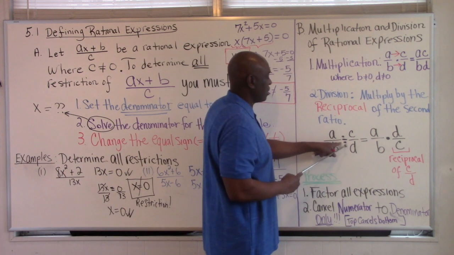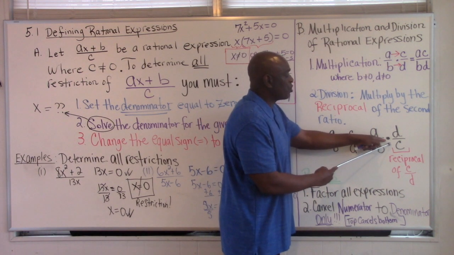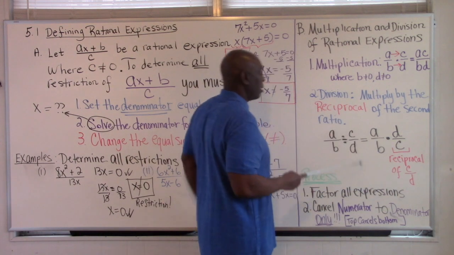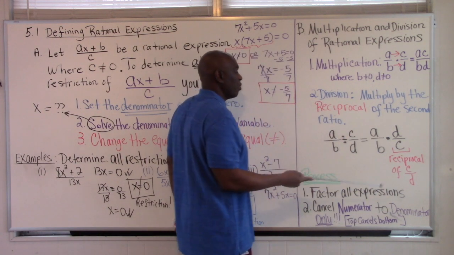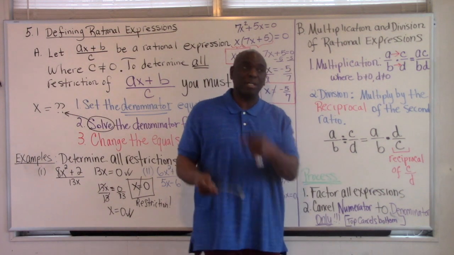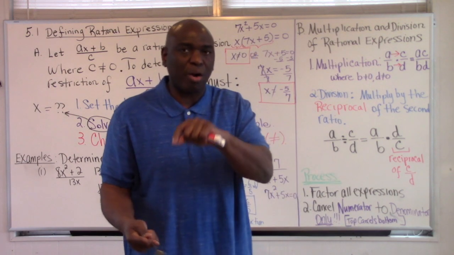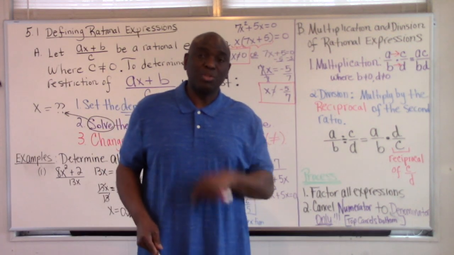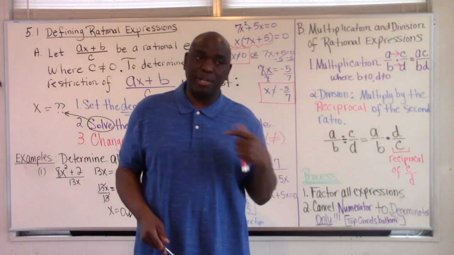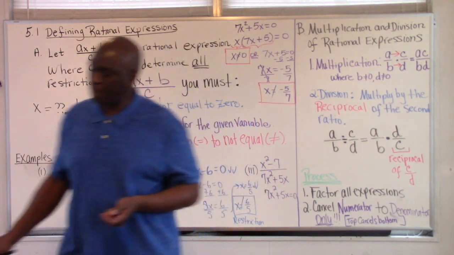The division symbol now becomes a multiplication symbol because you multiply by the reciprocal of C divided by D, which is D divided by C. That's the reciprocal. Because multiplication and division are inverse operations. To divide by a number is to multiply by its reciprocal. That's what it's saying in essence, right?